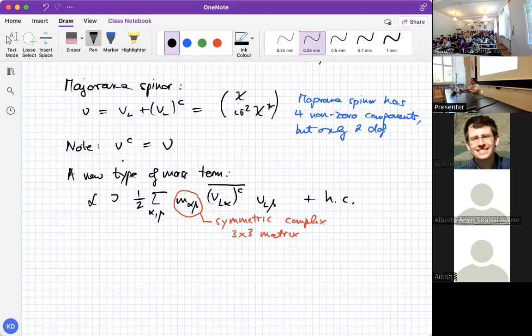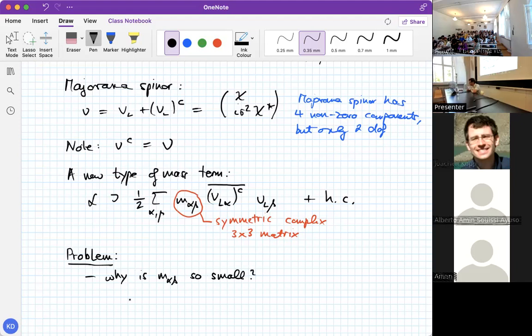Okay, so now we've written down formally a neutrino mass term that saves us 2 degrees of freedom. But of course, we still have some unanswered questions. In particular, we still haven't answered the question for why those masses are so small. So why is M alpha beta so small?